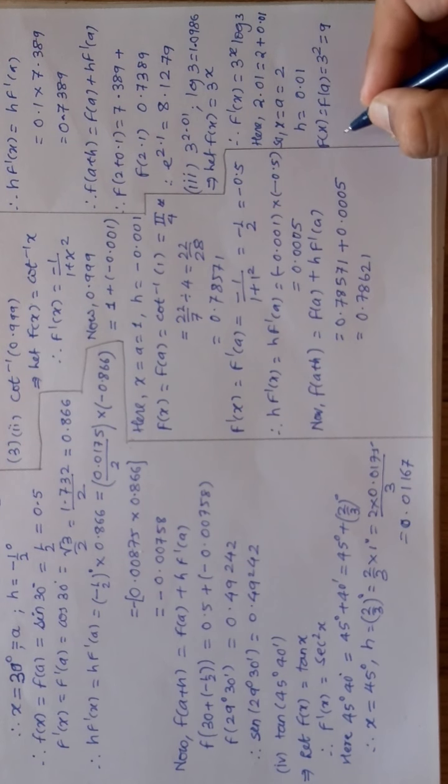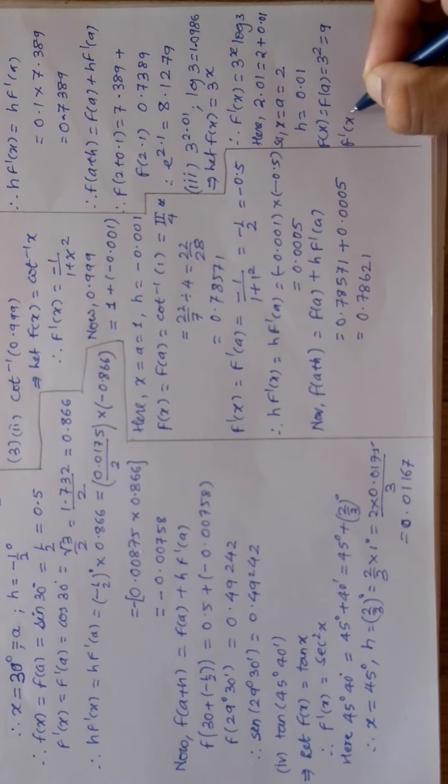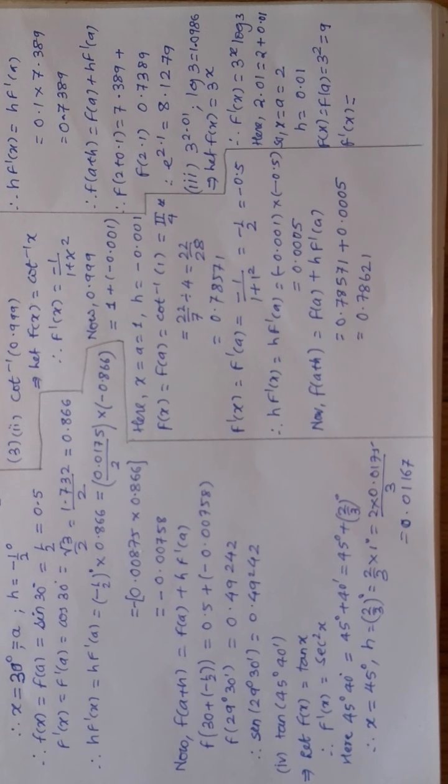Agreed? Now f dash x is your f dash a, that is nothing but 3 raised to 2 log 3. Agreed? So this is your f dash x, 3 raised to x log 3. Now 3 raised to x is 9 and log 3 is told as 1.0986.